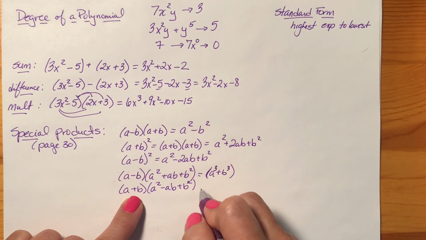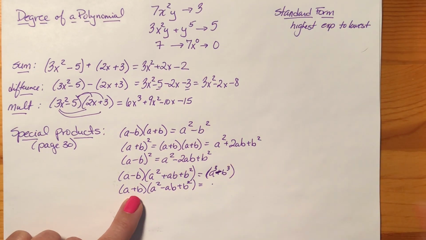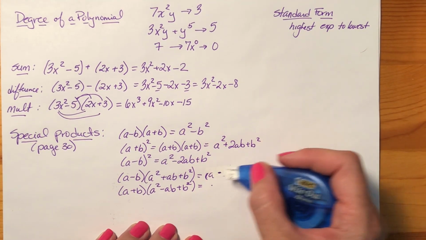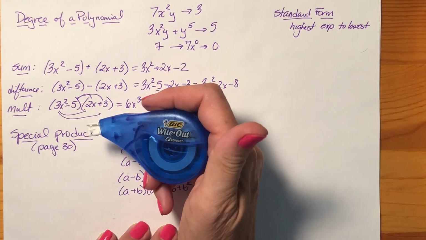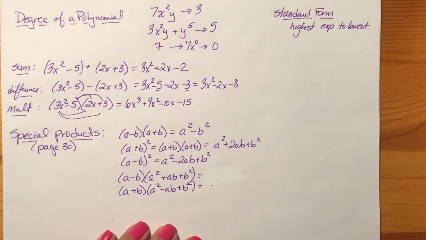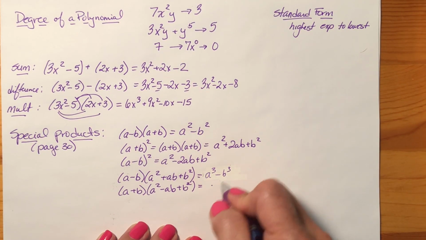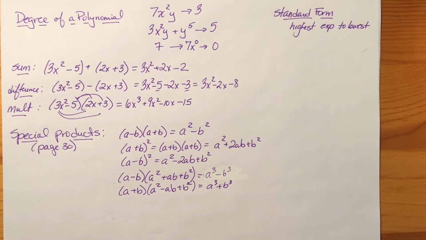Oh, wait, it's just going to be a minus. Hold on, hold the phone. Let me make that a pretty problem here for you. Okay, product placement, the Bic whiteout eraser, beautiful product. That would be a cubed minus b cubed, okay? And this would be a cubed plus b cubed. Sorry about that, I got them mixed up there.